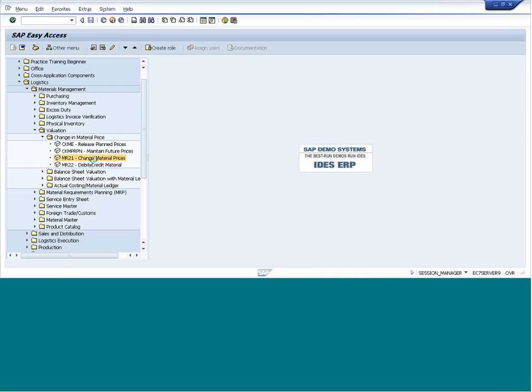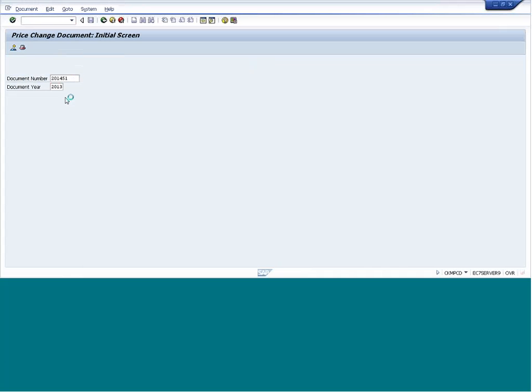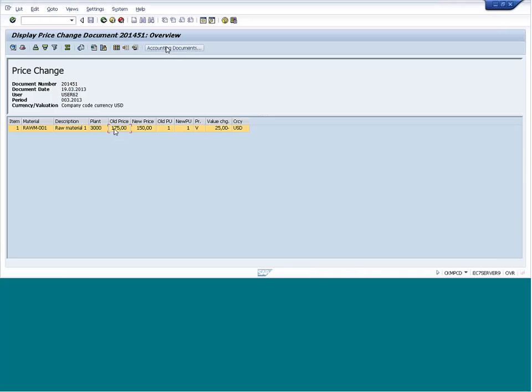So here, if you display document, this is the latest posted document. In this document you will have the price accounting document. You see here, accounting, and the $25 is the value change. That is the value which is posted for the price change itself.